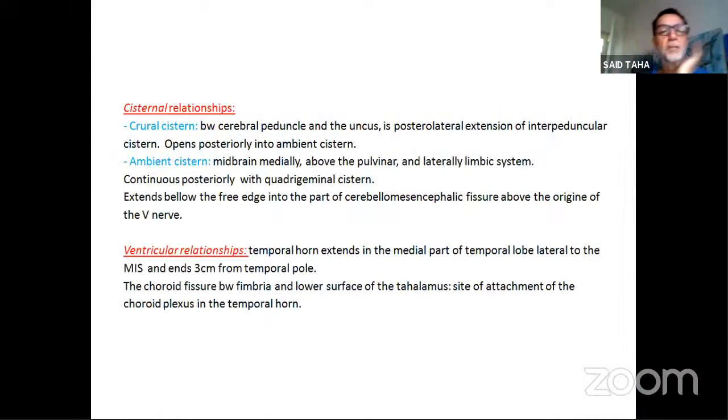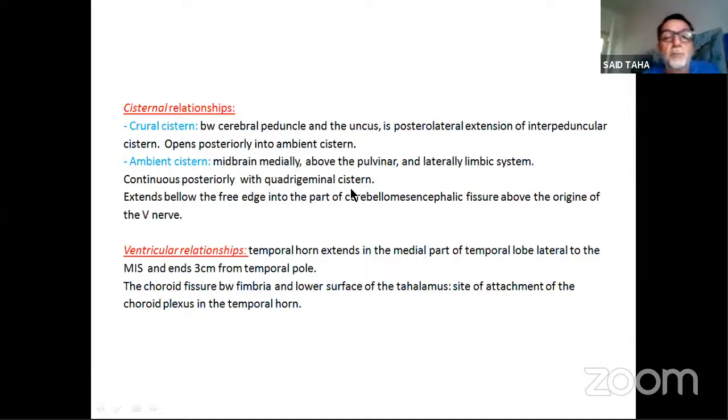As for the cisternal relationships, the crural cistern is located between the cerebral peduncle and the uncus. It is a posterolateral extension of the anteropeduncular cistern and opens posteriorly into the ambient cistern. The ambient cistern is located in the medial portion of the midbrain and above the pulvinar, and laterally we have the limbic system.